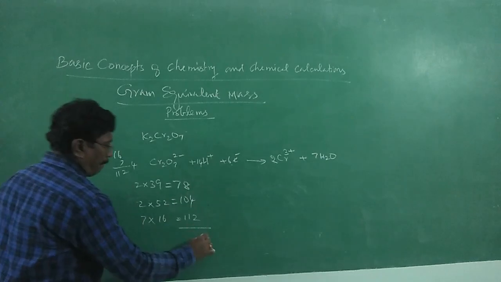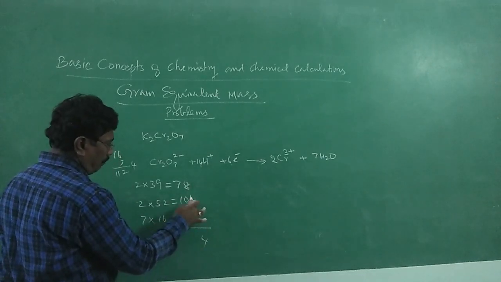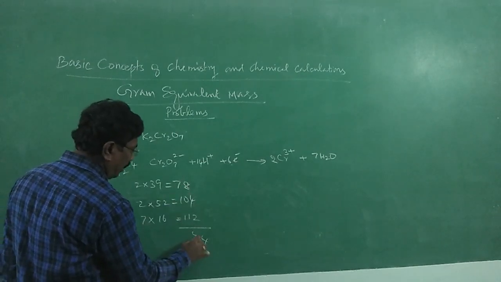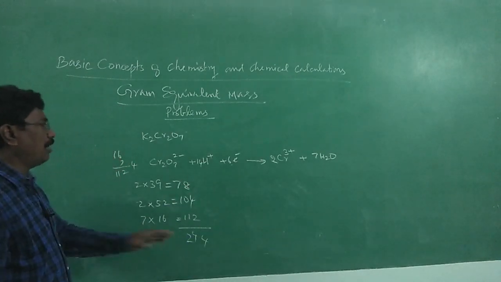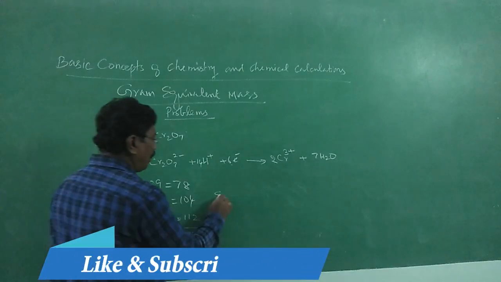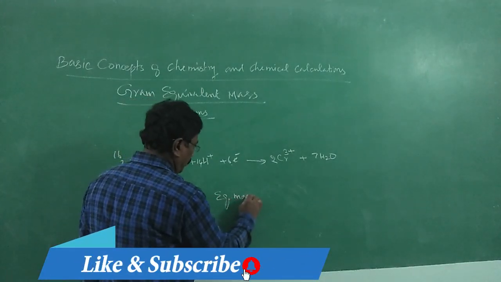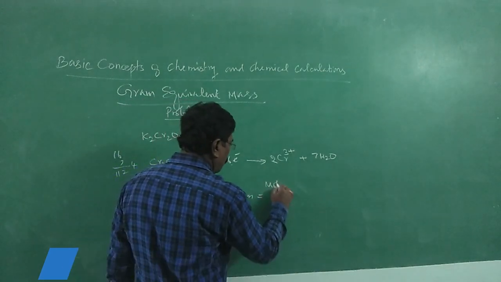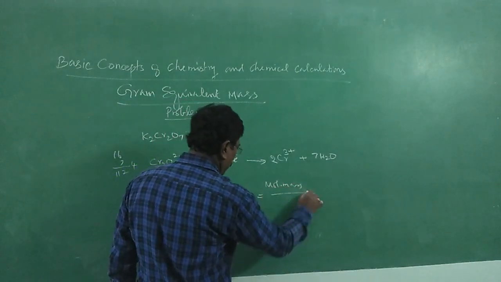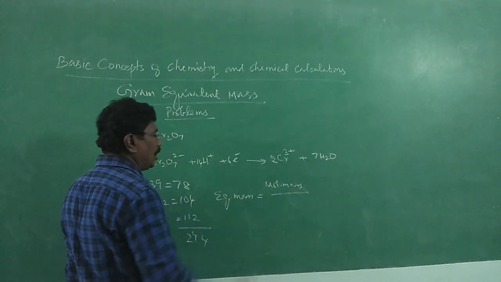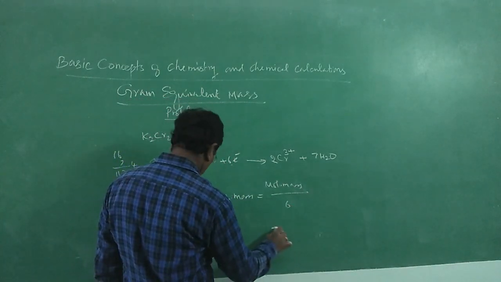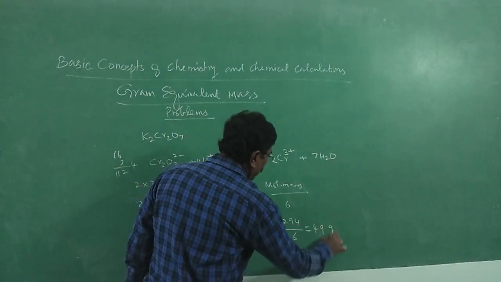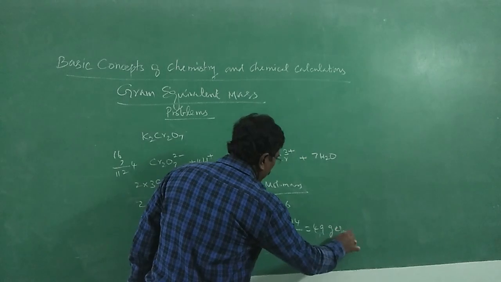The sum is 294. This is the molar mass. So the equal mass of potassium dichromate is equal to the molar mass divided by the equivalence factor, which is 6. Molar mass is 294, equivalence factor 6. When divided, you will get 49 gram per equivalent.